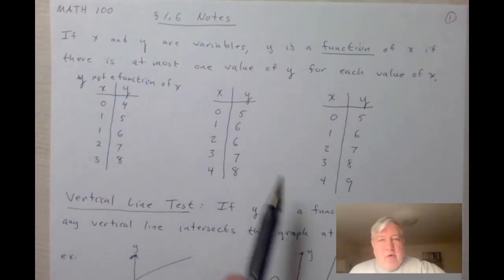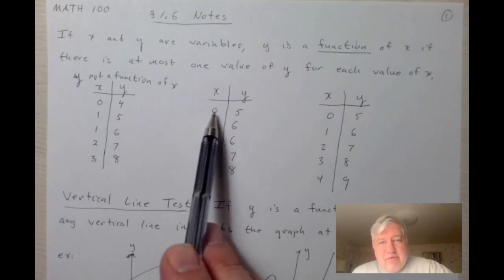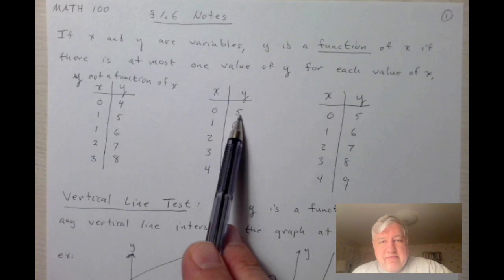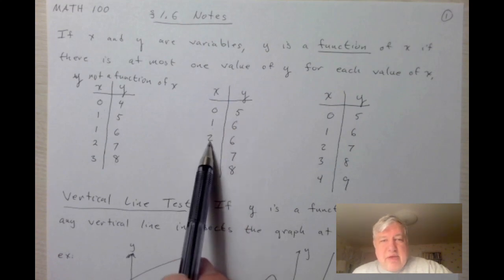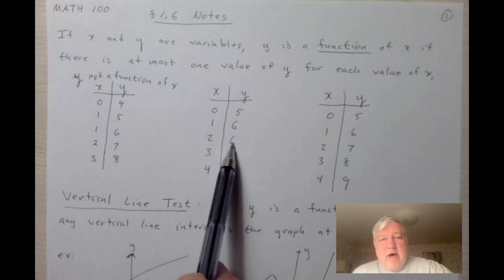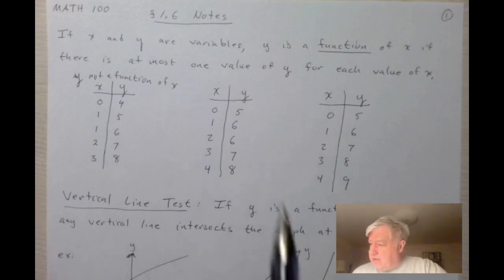Here, if we look, the input is 0, the output is 5, the input is 1, the output is 6, the input is 2, the output is also 6. That's fine, because the outputs might be the same, but the inputs have to be different.